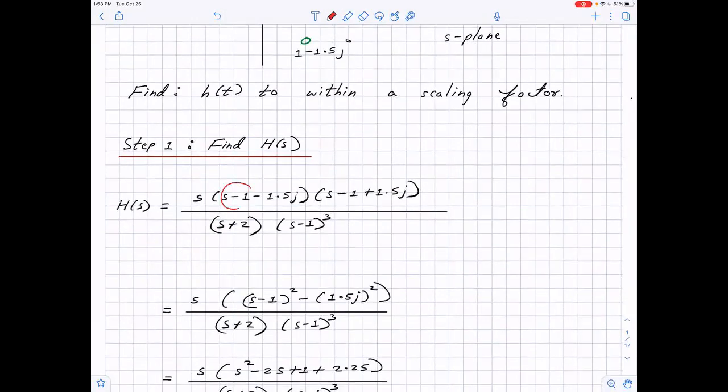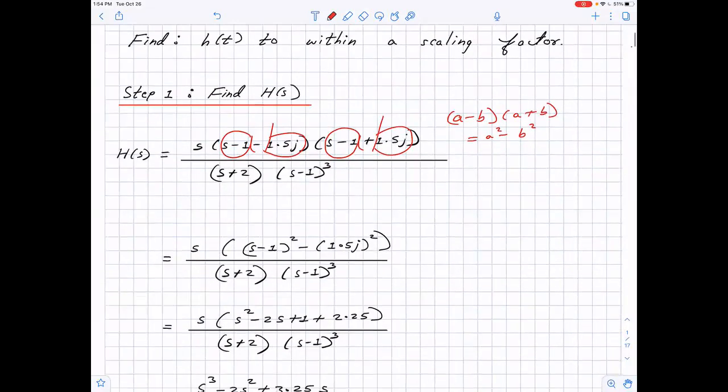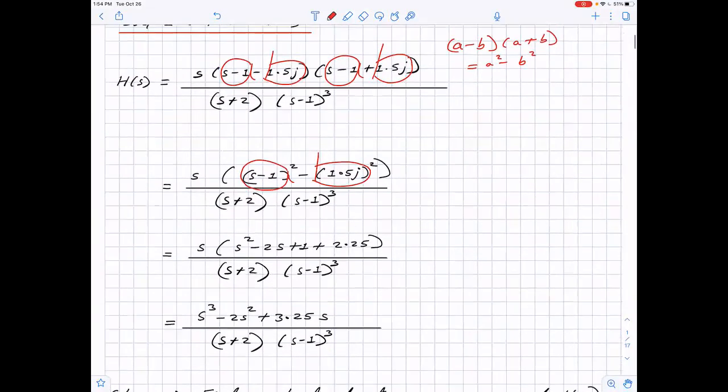If we call s minus 1 a and 1.5j b, then it's in this form, a minus b times a plus b, which is a squared minus b squared. So this whole thing is a squared and we have b squared. And once we do that, expanding this numerator, we get to this h of s.